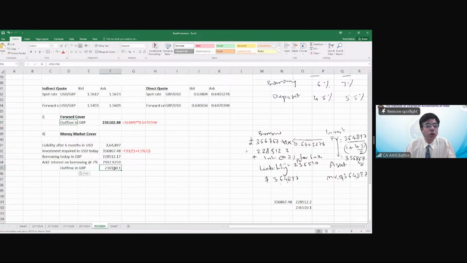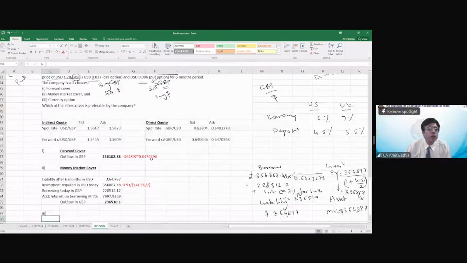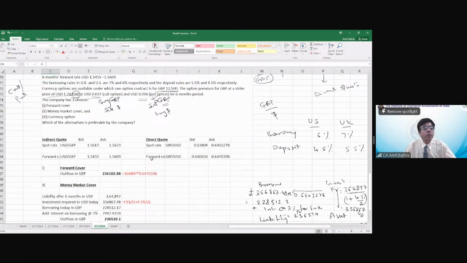So now I have found out two options: forward cover, and then money market cover. Now, the third option remains. Has everyone got this? Right? Yes, sir. Okay. So currency option. What is my currency option over here now?